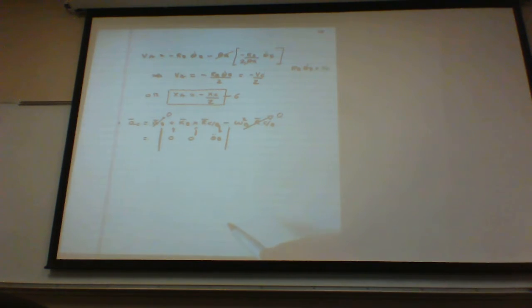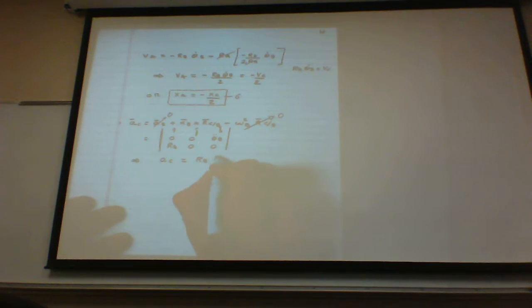And the position of C with respect to B would be as before, equal to R_B, 0, 0. So at the end, this is going to give us that acceleration of C would be equal to R_B theta double dot B. Now that's the red.